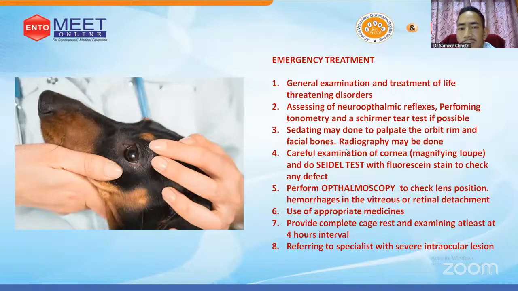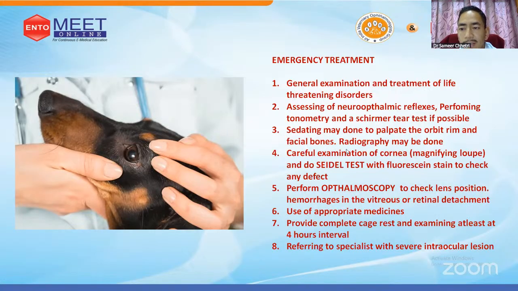So what are the emergency treatments we can do in such a situation? First of all, a general examination should be done and life-threatening disorders treated. Assess the neuro-ophthalmic reflexes, perform tonometry to check the IOP, and a Schirmer tear test if possible. In certain cases, we need to sedate the animal to palpate the orbital rim and the facial bone.